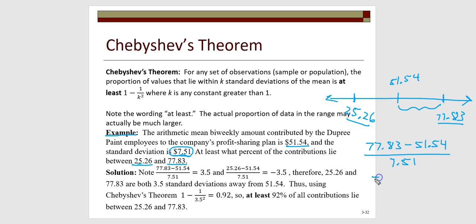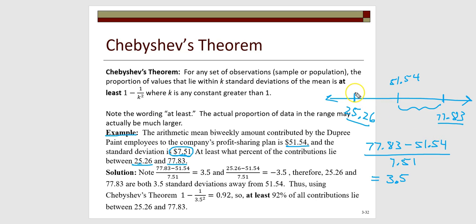And if you do that on your calculator, you can check it out. You will get 3.5. So this distance right here is 3.5 standard deviations, or the total distance here is 3.5 times 7.51. So it's 3.5 standard deviations.